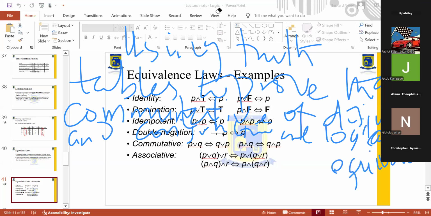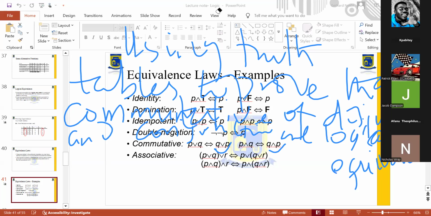Please, do you have a question? So you see this one and this one. You use the truth table to prove whether they are logically equivalent. So you see what we've just done.